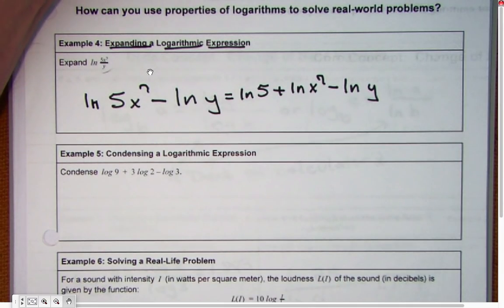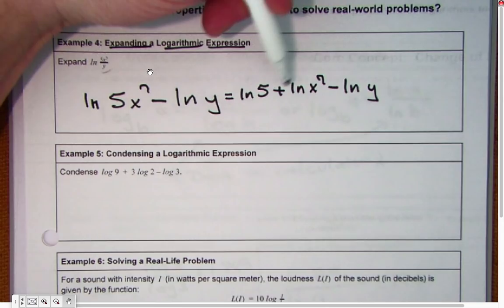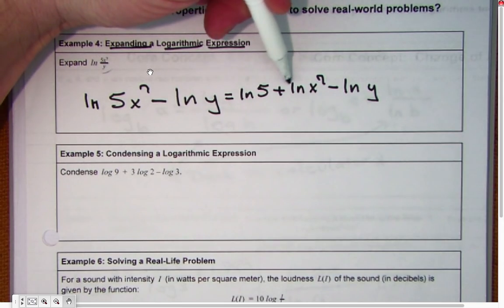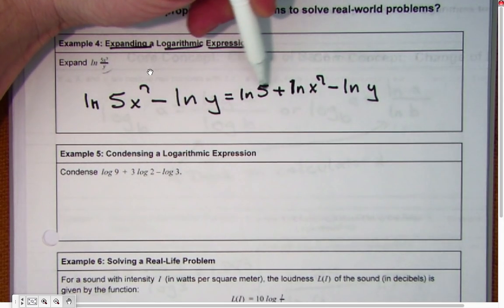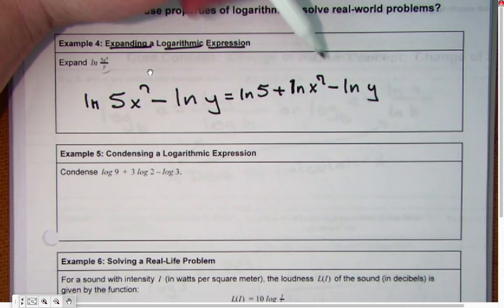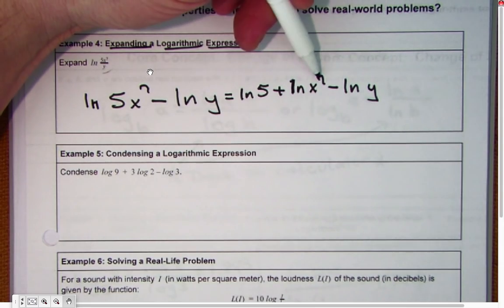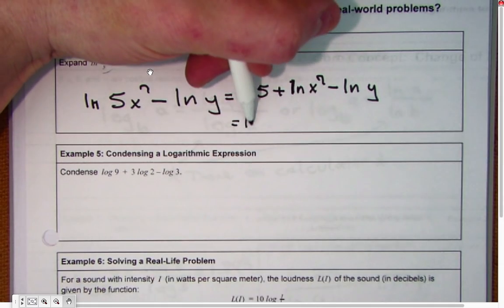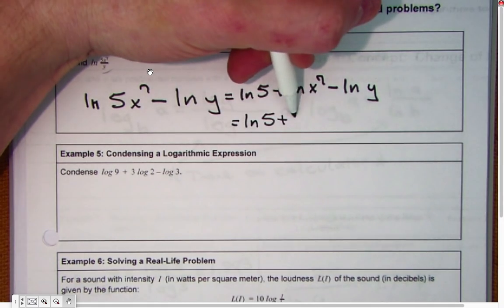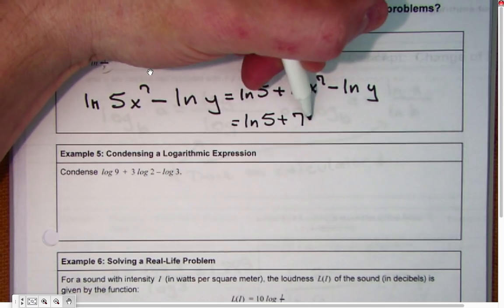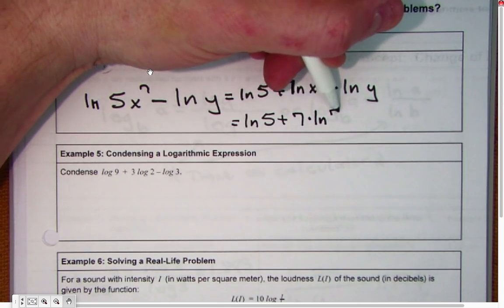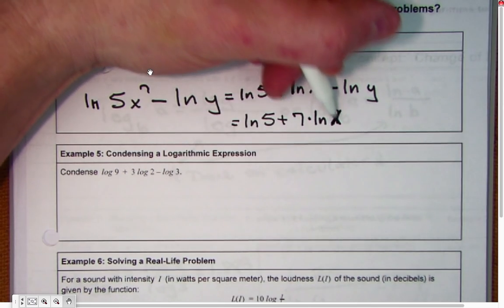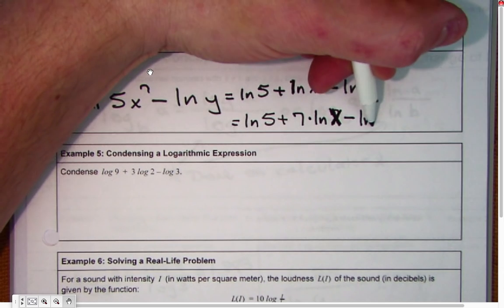Hopefully you see how I took this multiplication and separated each piece into its own natural log with an addition between them. The last thing we want to do is take care of this exponent. So I'm going to take this 7 and bring it out front. So I'm going to have natural log of 5 plus 7 times the natural log of x, minus the natural log of y.